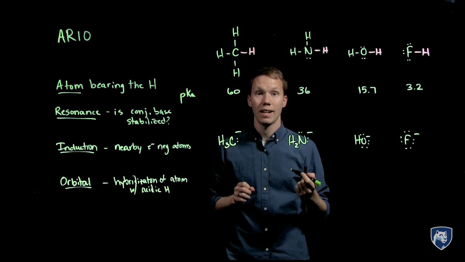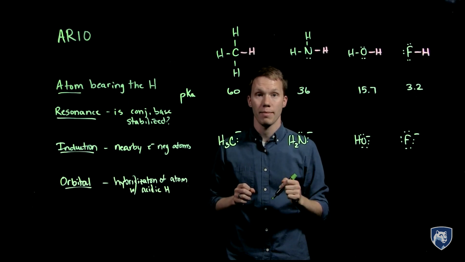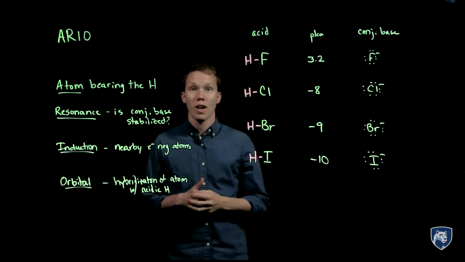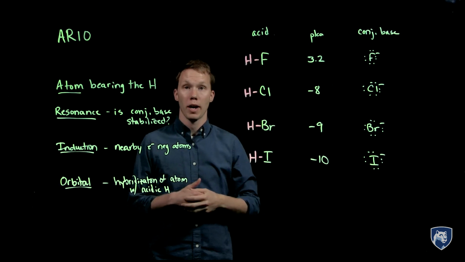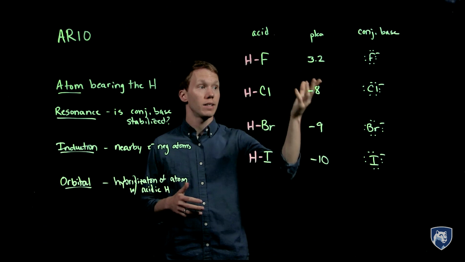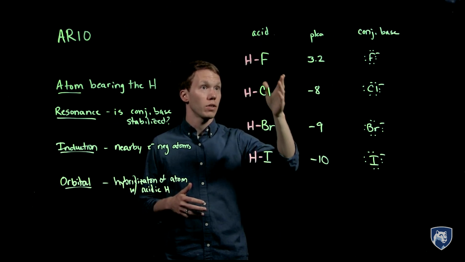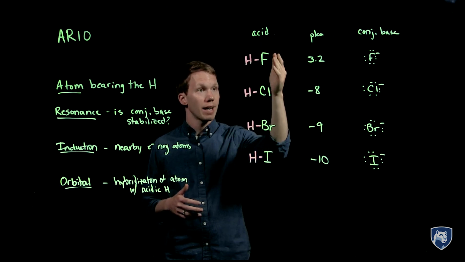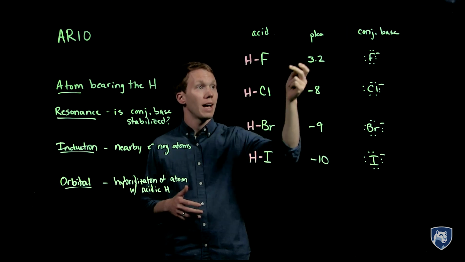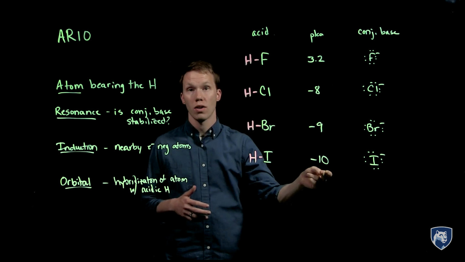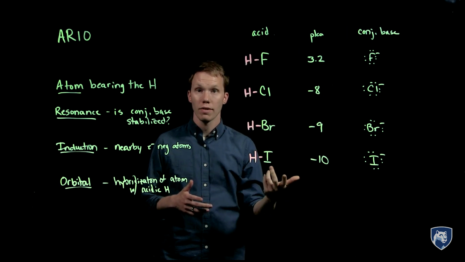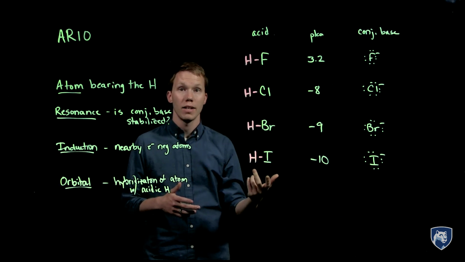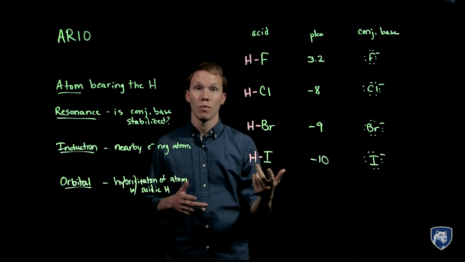Next, let's look at atoms in the same column of the periodic table. For this series of compounds in the same column of the periodic table, we have a different trend here. So F to I, we're getting less electronegative, and here we're getting to be stronger acids. So that's converse to what we just said previously for atoms in the same row.